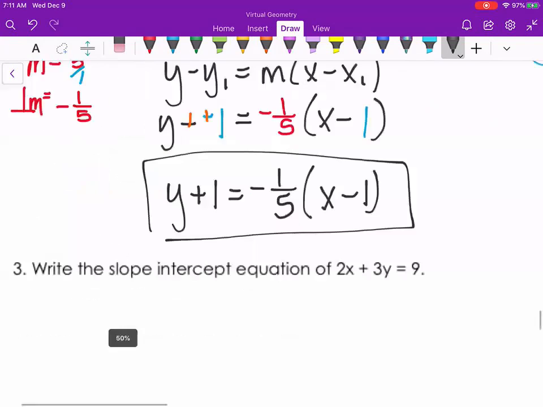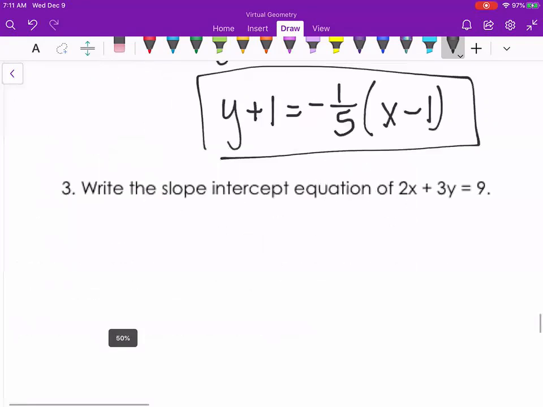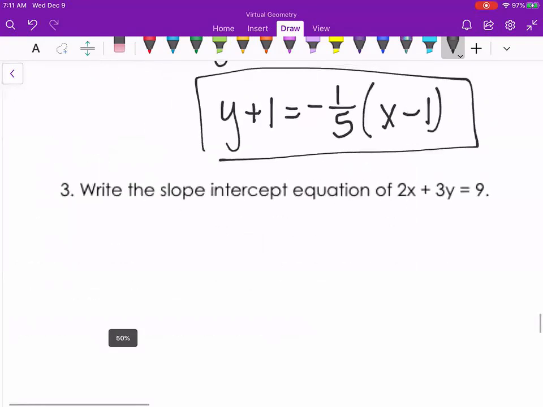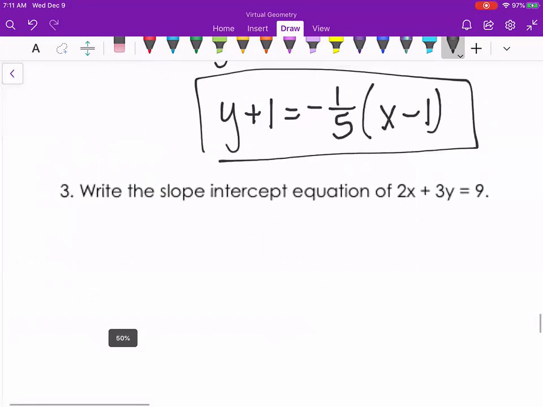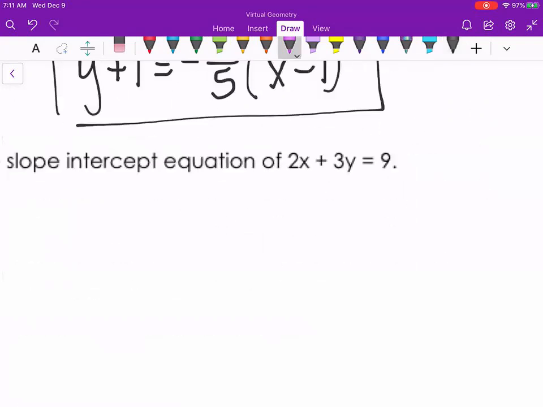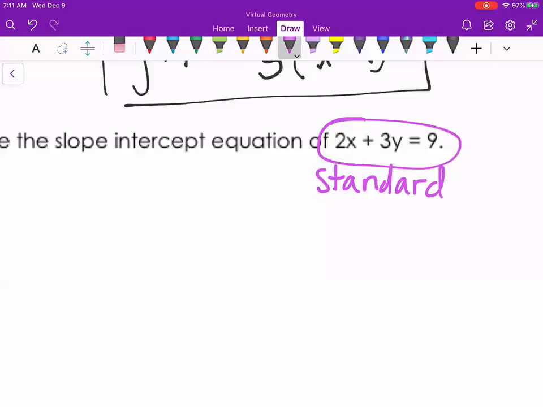Now, one last thing I wanted to review is how to find the slope-intercept form, y equals mx plus b, when they give you an equation that is in standard form, which is what we have here, because my x and y are in the exact same places. So standard form is what we've got, and we're going to convert this over to slope-intercept.